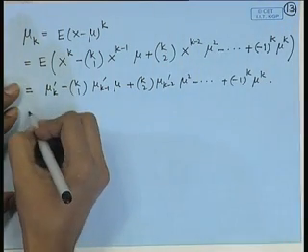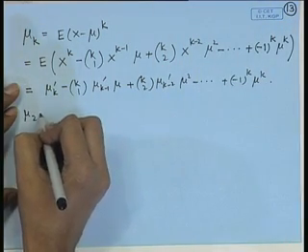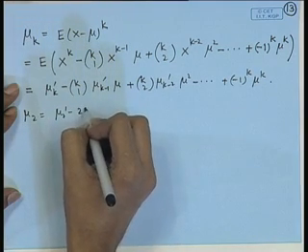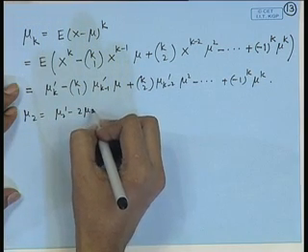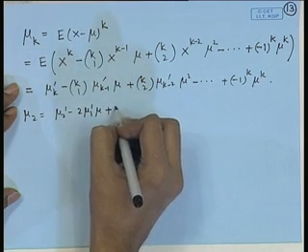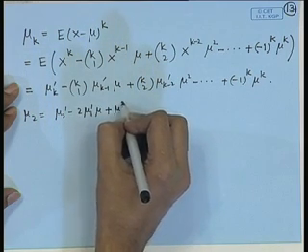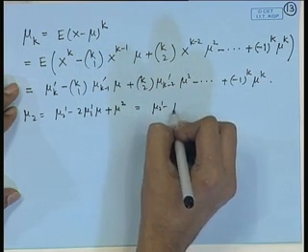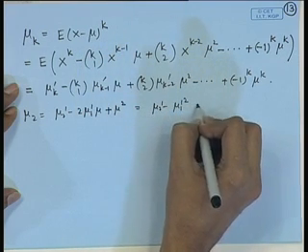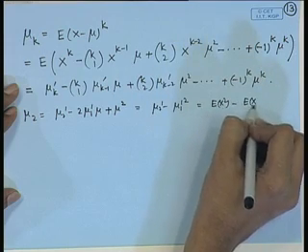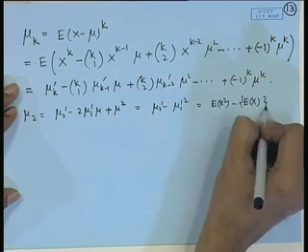In particular, we can write mu 2 is equal to mu 2 prime minus 2 mu 1 prime mu plus mu square, which is equal to mu 2 prime minus mu 1 prime square, or expectation of x square minus expectation of x whole square.